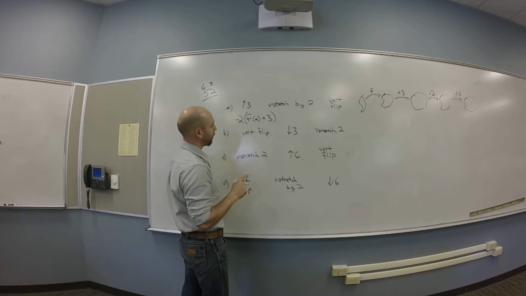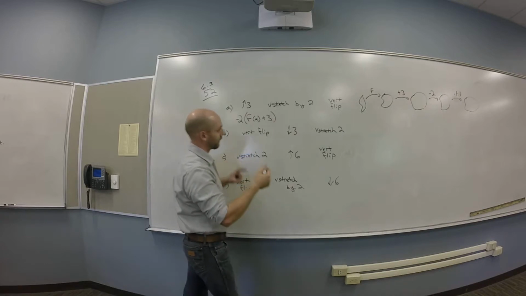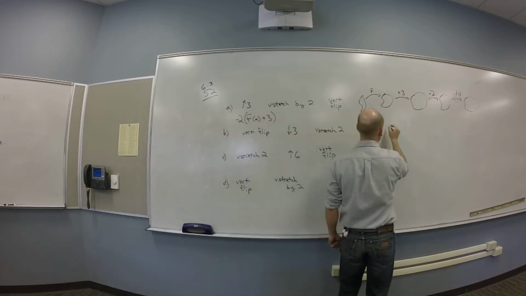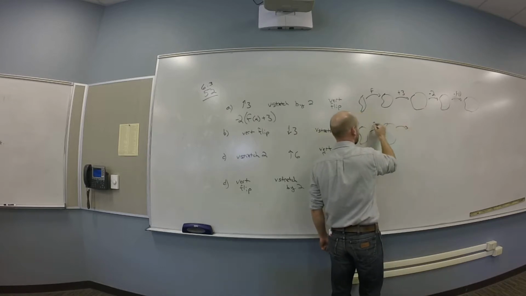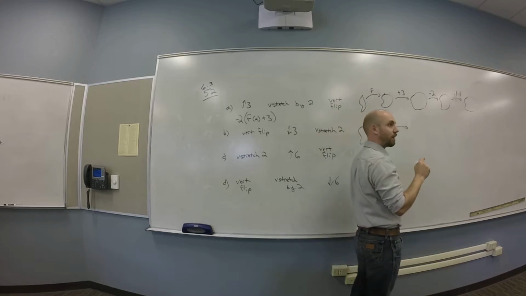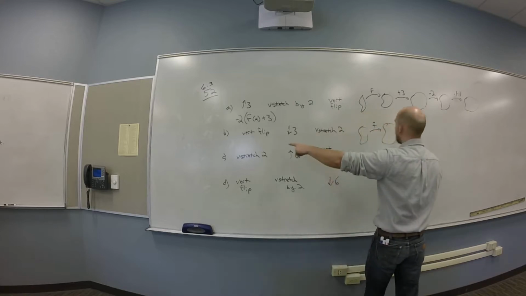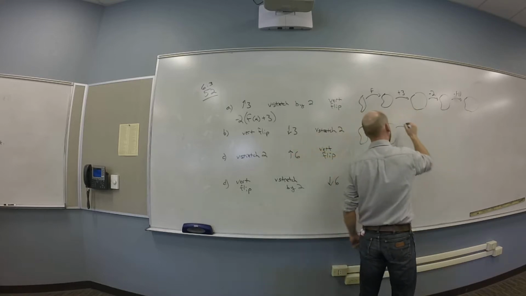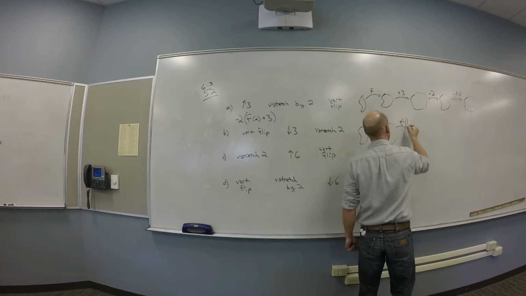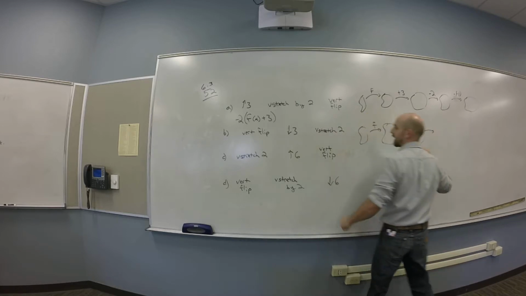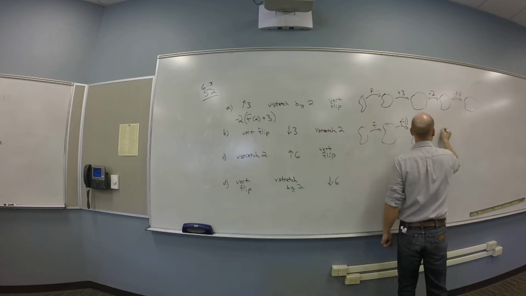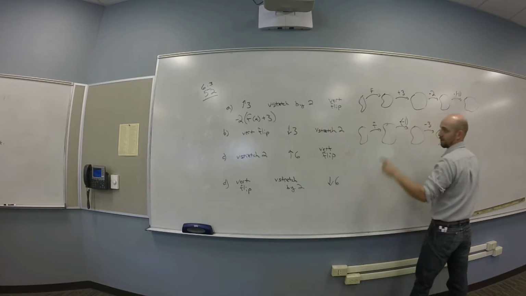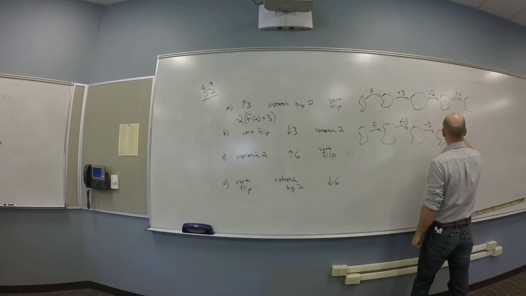Okay. Now part B. So I should do f, and then I need a vertical flip, multiply by -1. Then I need to subtract 3. Then I need a stretch by 2, right?